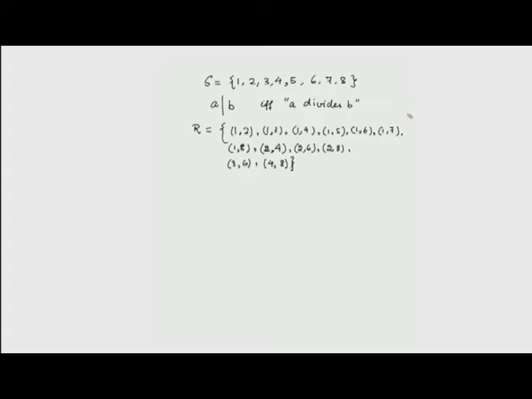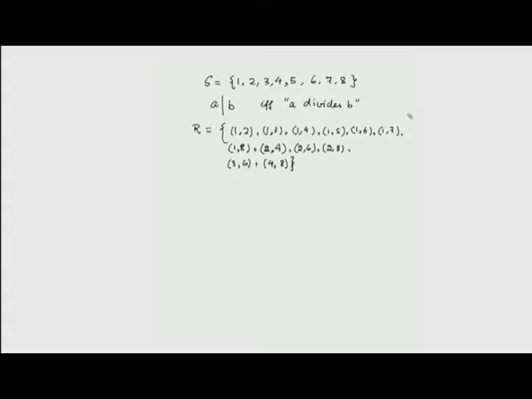So, we have the complete listing over here. Now, we have to be a bit careful about drawing the graph, because it may become very messy if we are casual about putting the vertices.